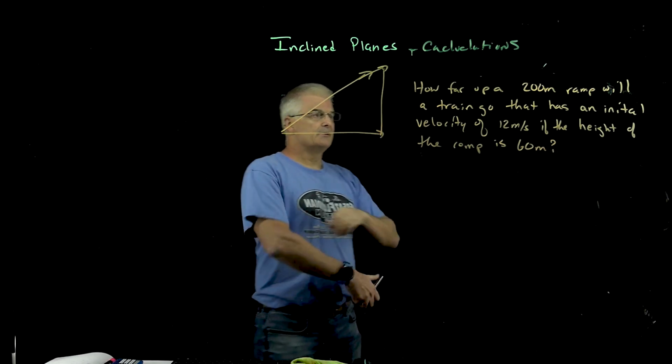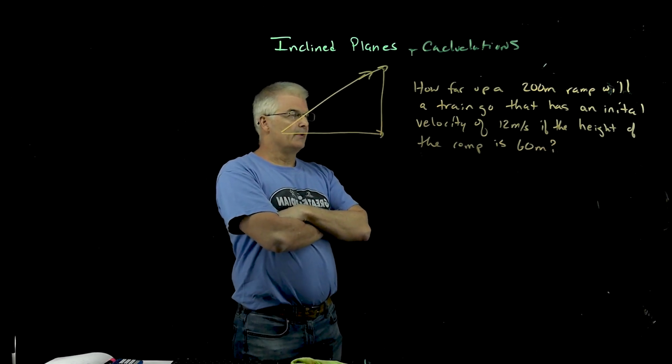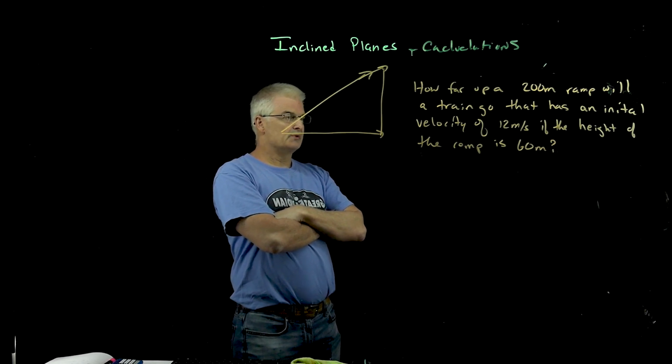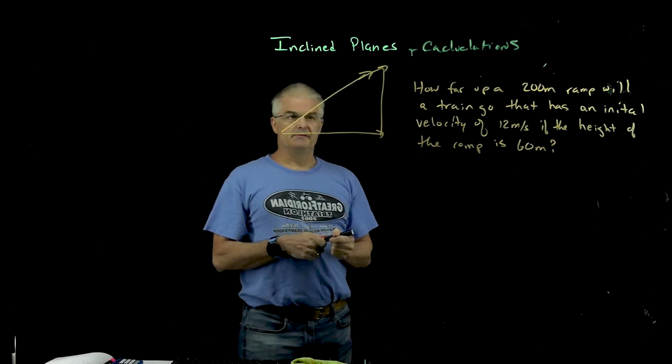How far up a 200-meter ramp will a train go that has an initial velocity of 12 meters per second if the height of the ramp is 60 meters?